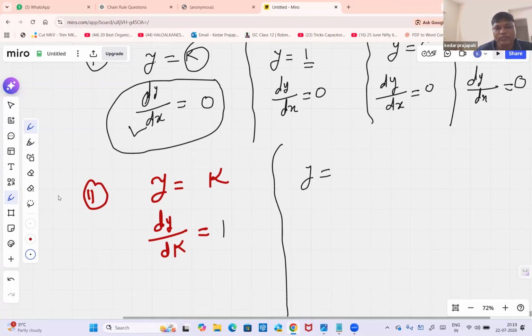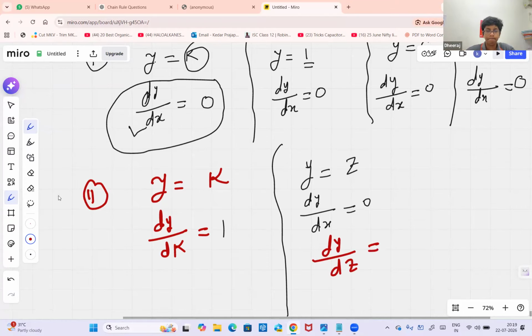Now y equal to z. How much will be dy by dx? 0. And how much will be dy by dz? 1. Now if z changes, y will change. So it won't be 0. Clear?